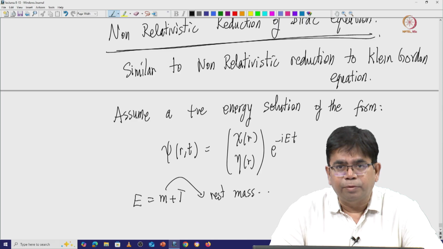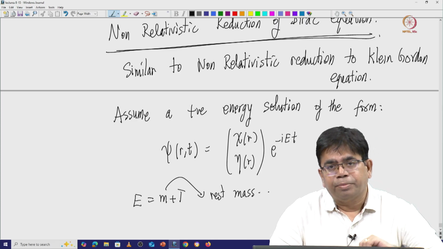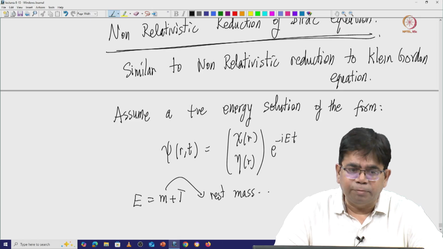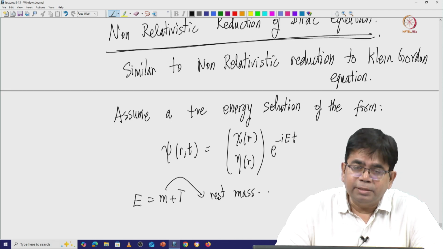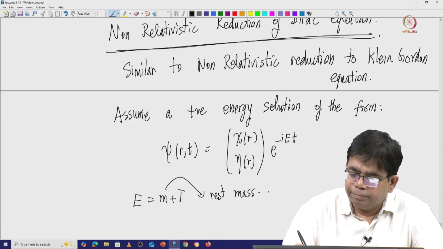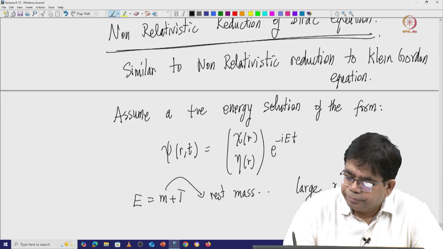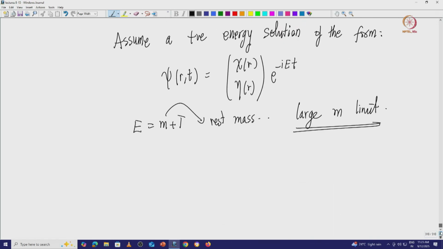So E is equal to m plus a correction, which is an energy T, and T should be smaller than the mass. The basic idea is that you are taking the large m limit, where the mass of the particle is much larger.